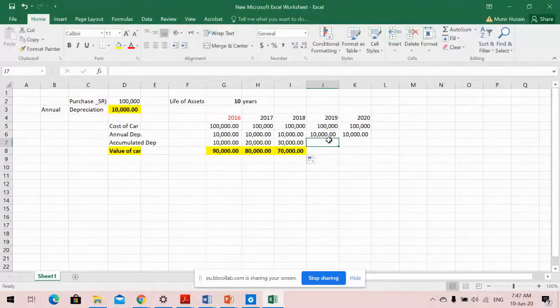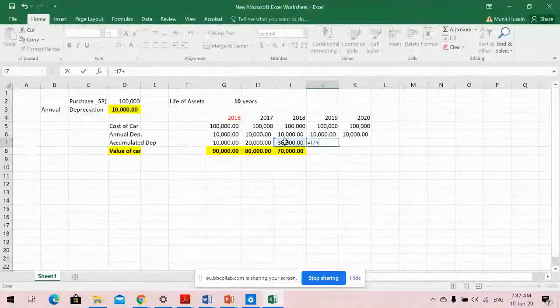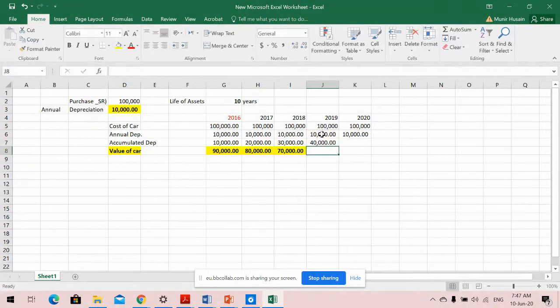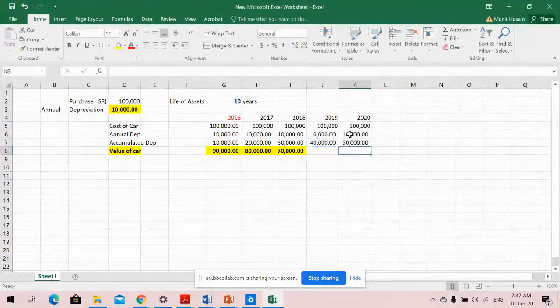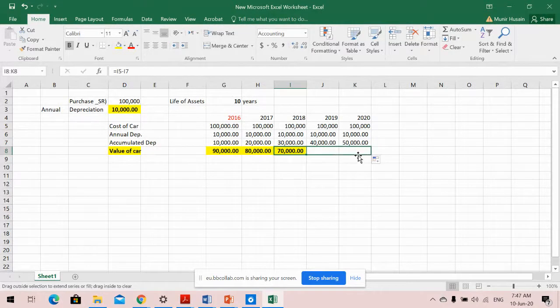In 2019, our total depreciation, or we call it accumulated depreciation, is 30 plus 10, equal to 40. We'll continue like this. It will be 50 and 60, right?